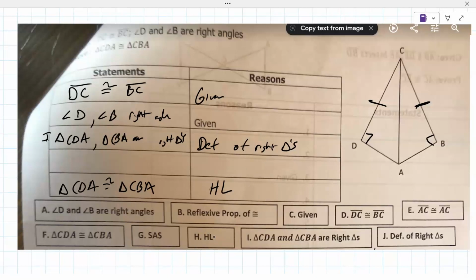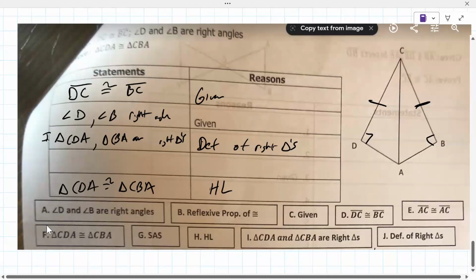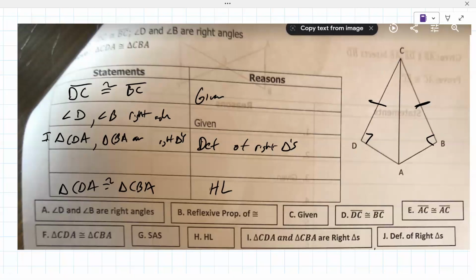So what are we missing to prove with hypotenuse leg? Do we have the hypotenuse? Do we have a leg in the triangles? Yes. Which one do we have? We have one, but not the other at the moment. You've got a leg. The CD, CB, those are legs.